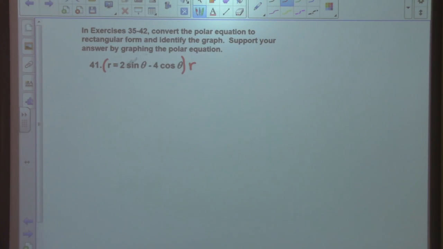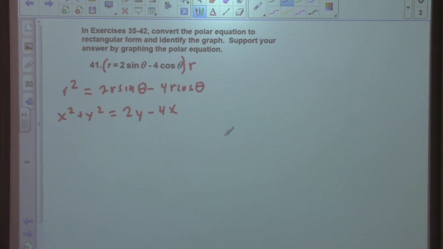So if we put r times everything, we get r squared equals 2r sine theta minus 4r cosine theta. And then replacing everything we can, we put x squared plus y squared equals 2y minus 4x.